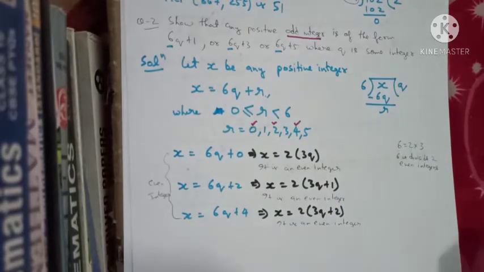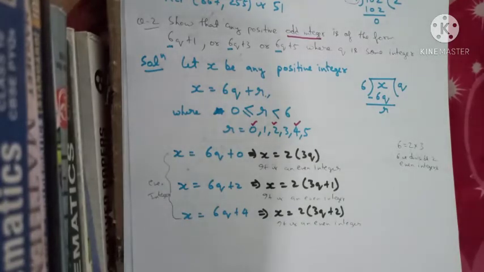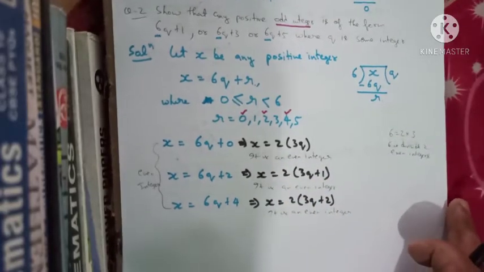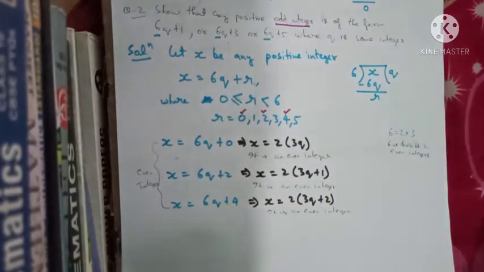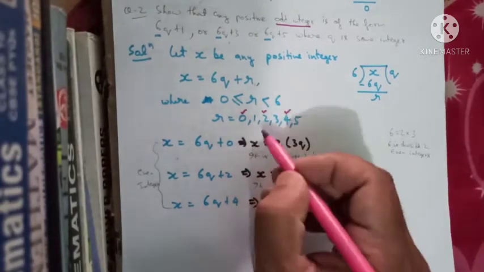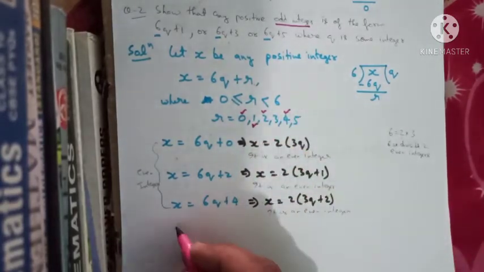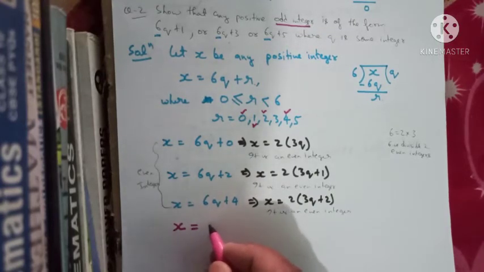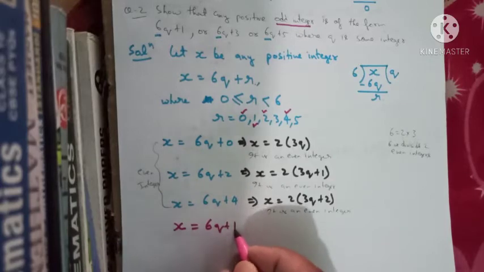Now we are concerned with only the value of x as an odd integer. So let us see the other three cases. When the remainder is 1, x will be equal to 6q plus 1.